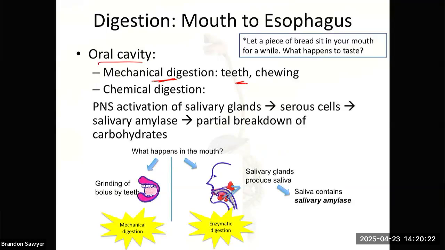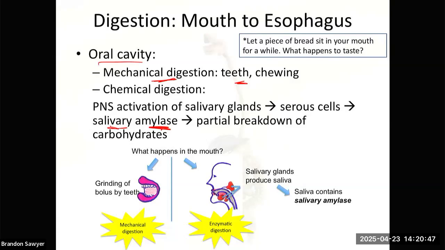That activates our parasympathetic nervous system, activates the serous cells of those salivary glands, the ones we were just talking about. Those release the enzymes and the more fluid-like saliva. One of the enzymes in there is called salivary amylase. It's an amylase, so it breaks down carbohydrates, salivary, coming from our salivary glands. It helps to start breaking up our carbohydrates.